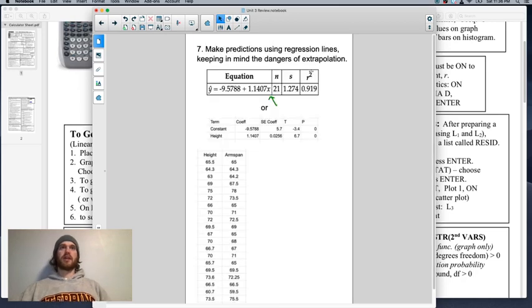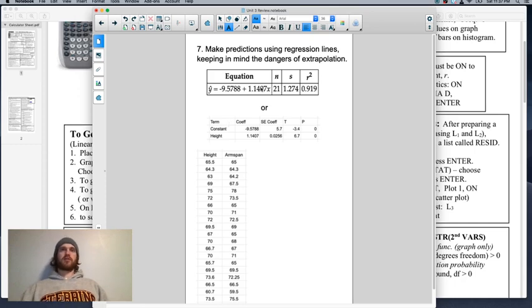So what I'm getting at here is you can only use height, in this case, to predict arm span. You cannot go the other way around with this equation. You'd have to recalculate the regression model in order to do that, and put arm span as the explanatory variable, and you would get a different equation.